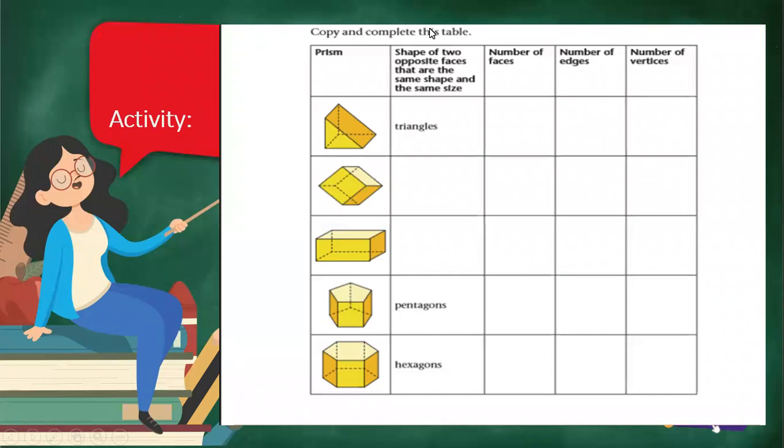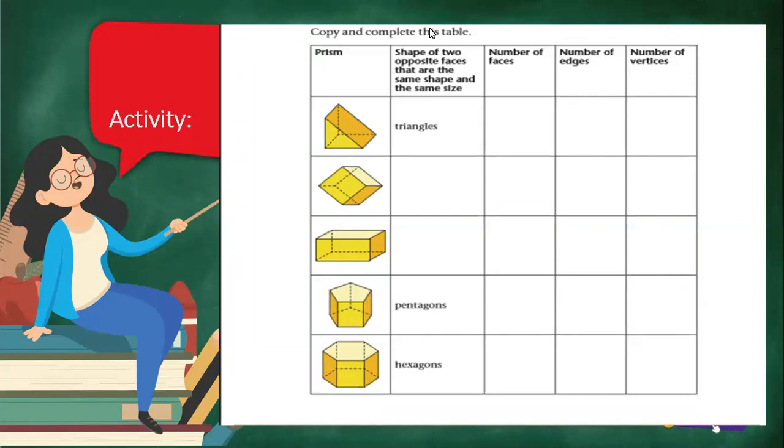If you are ready, you can always write in the chat box. For the second one, you can just write the two opposite faces. What is the name of those two opposite faces which have the same shape and the same size?